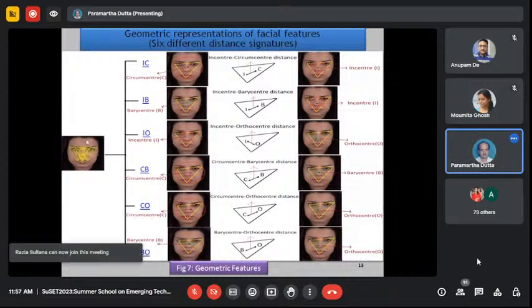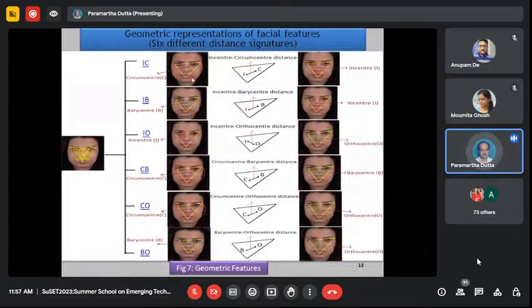Given a face image and a particular triangle, which is definitely one component of this 1771-long vector, we consider this distance. How many such distances will there be? 1771 distances between incenter and circumcenter. In short, it is represented as IC, where I stands for incenter and C stands for circumcenter. That is why it's an IC pair.